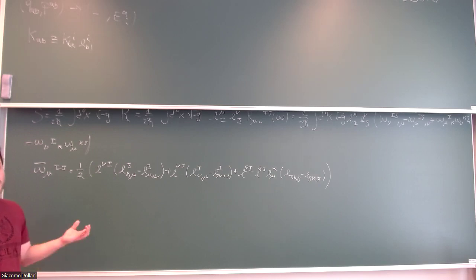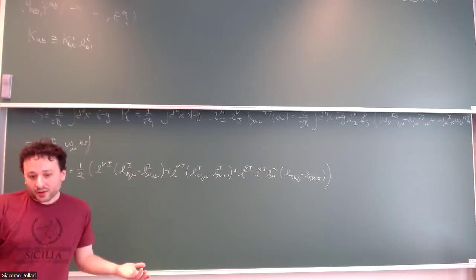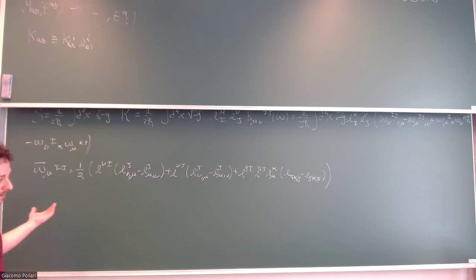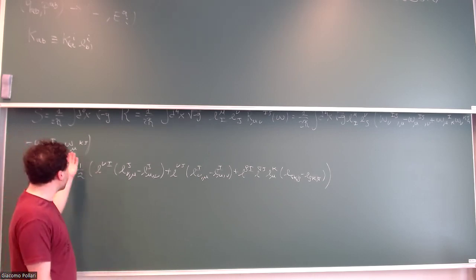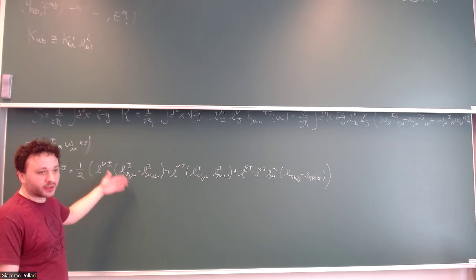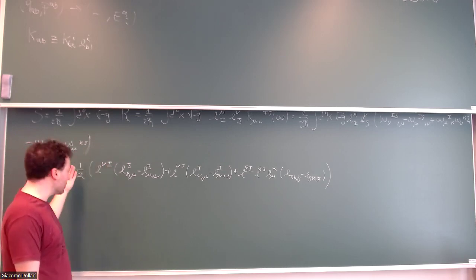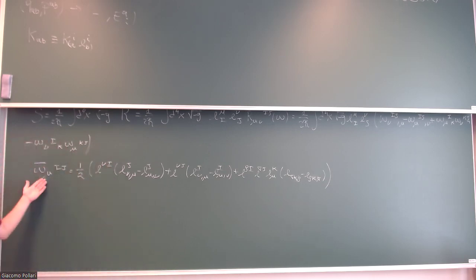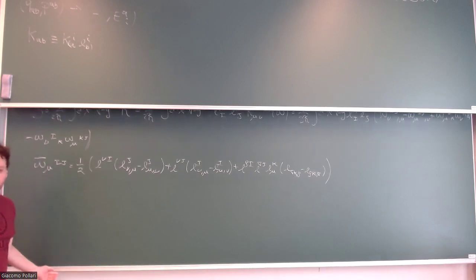I mean, both of them are metric compatible, but the Levi-Civita is torsionless. So as I said, if the contortion is zero, then the torsion is zero, and so this omega has to be the Levi-Civita. It's called the Levi-Civita spin connection.